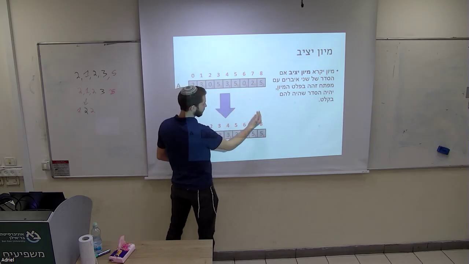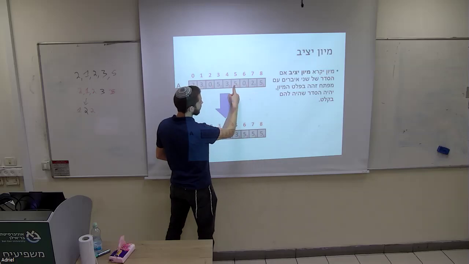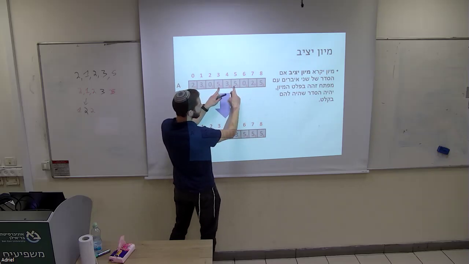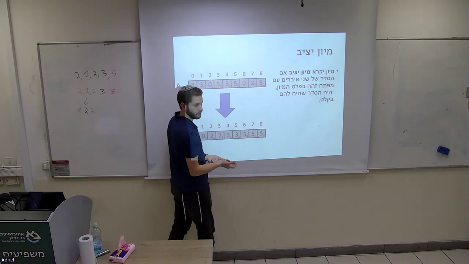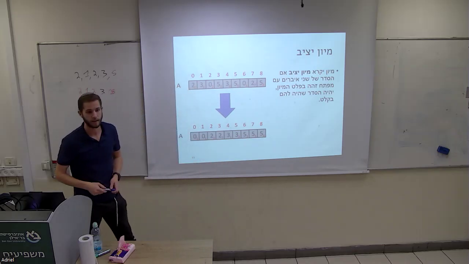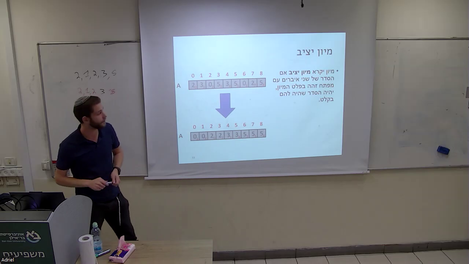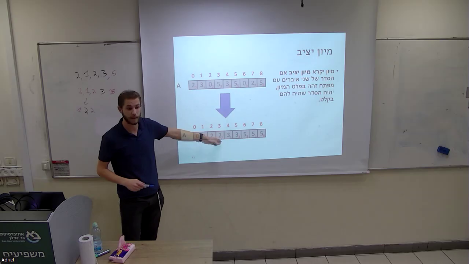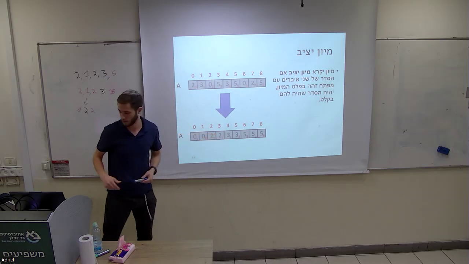So this 5 would be last, and this 5 would be second to last because its index is smaller. Between the three 5s, the original order is preserved. So you have to sort it that way. That's one way of thinking about it, but there are some sorting algorithms that we learn that already do this automatically, and we don't have to touch anything.